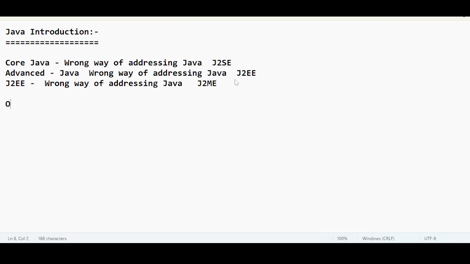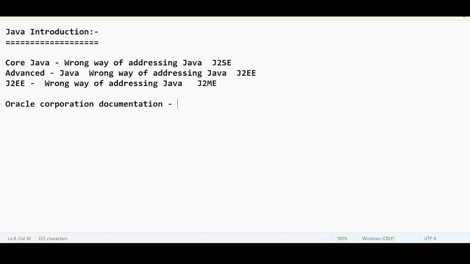But in the Oracle Corporation documentation, these terminologies are not there at all.